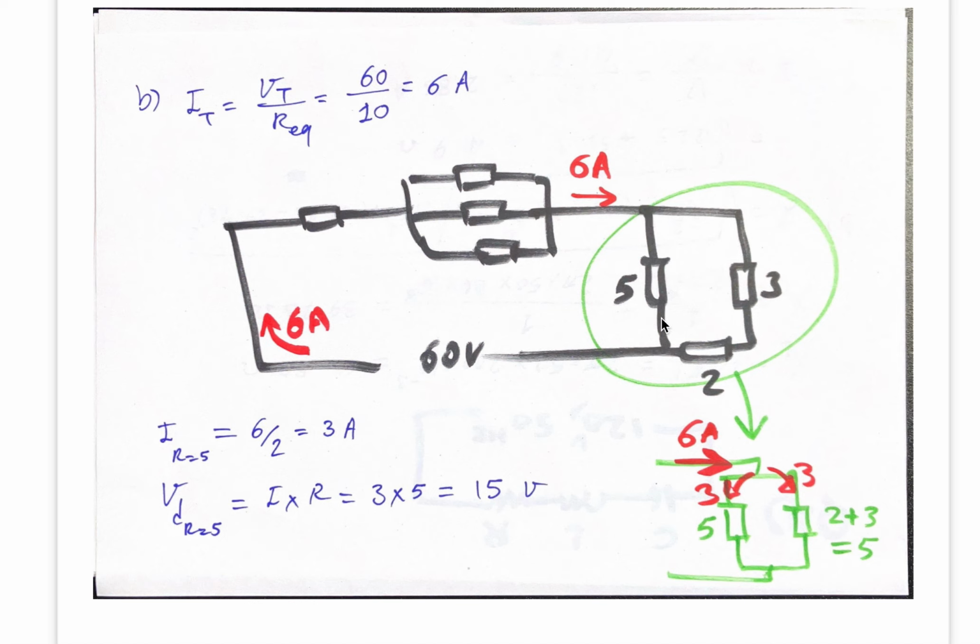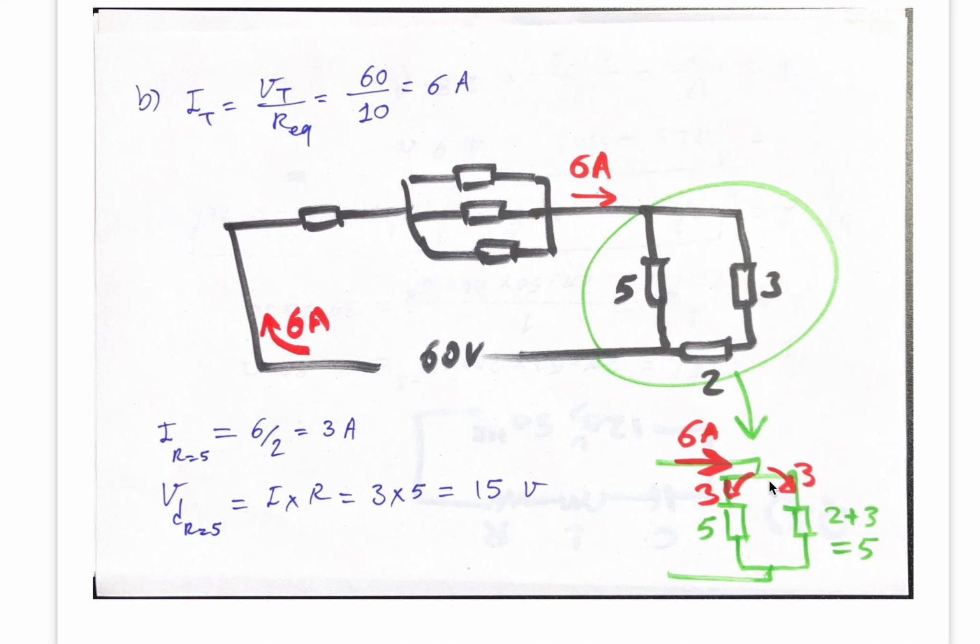Now if you look at these two branches, I mean this one and the right hand side one, you see the two branches have equal resistances, because this one is 5 ohm and this one is 3 plus 2, which is again 5. Look at here, 5, 5. So you have 6 amp which reached this node, and then it is divided into two parts for two branches with equal resistances.